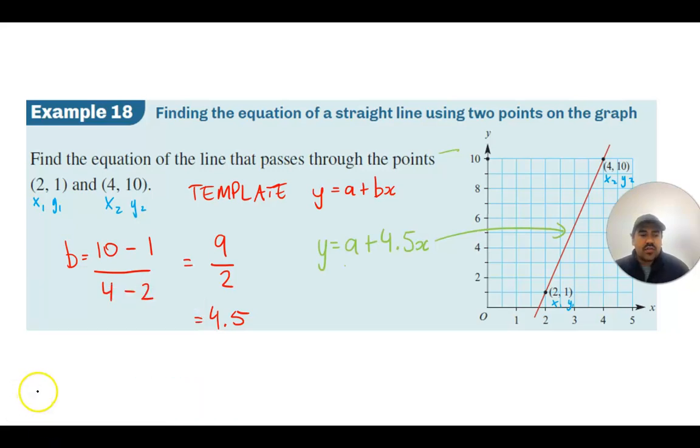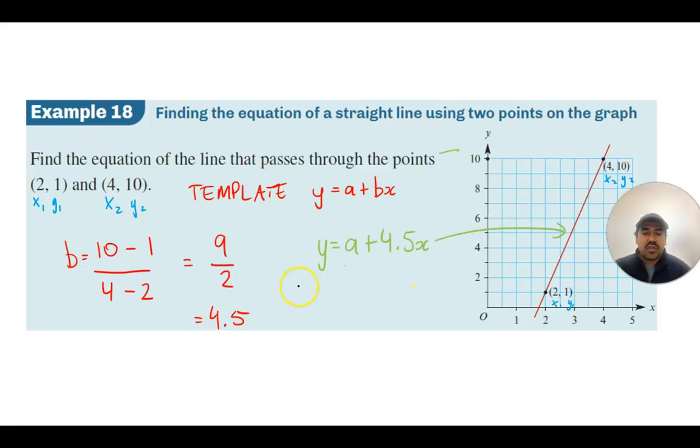So what we can do is, knowing that when x is equal to 2, the corresponding y value is going to be 1, we can plug this point. In fact, we can plug any point within this line, but we can plug this point in here, and every single variable will be filled out except for a. And whenever you only have one variable by itself, you know you can solve for it.